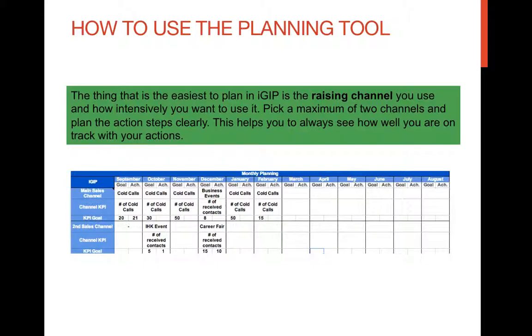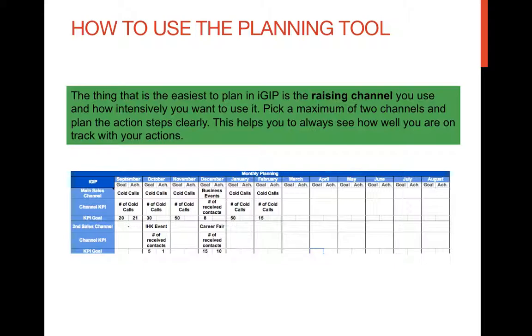Now, after you filled in when you're going to have your company meetings, you still have to plan how to get there. And that's pretty easy, because you just have to decide on a raising channel that you're going to use and how intensively you want to use it. It is recommended that you only pick a maximum of 2 channels and then plan clear action steps.